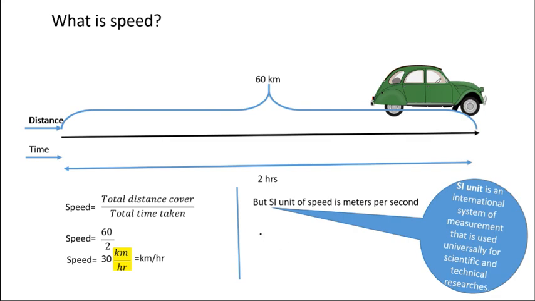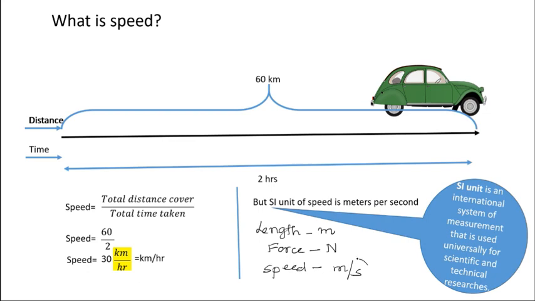For example, for length, the SI unit is meter. Force, SI unit is Newton. And speed, SI unit is meter per second. There are many physical quantities and you have their SI units.